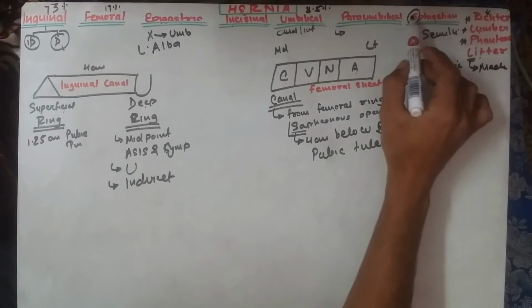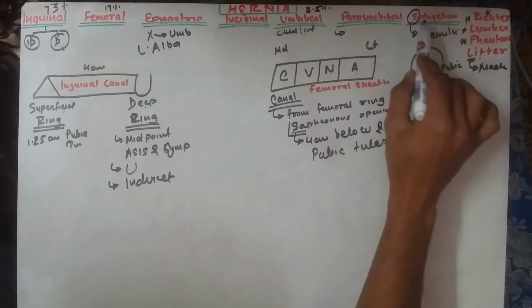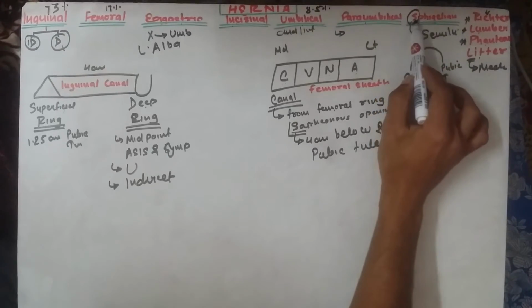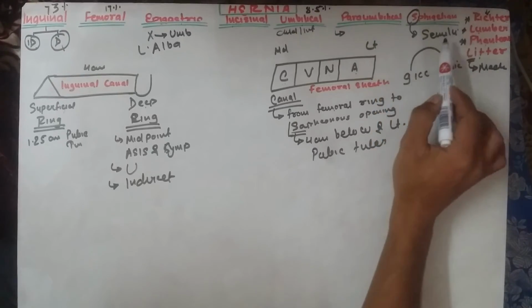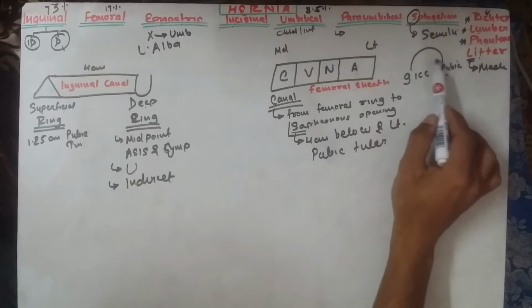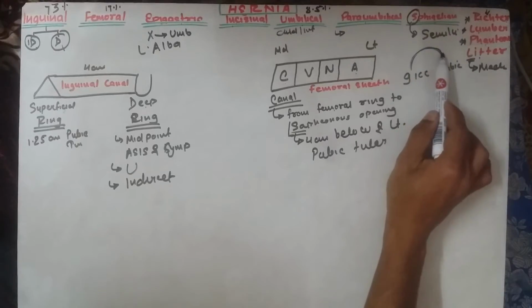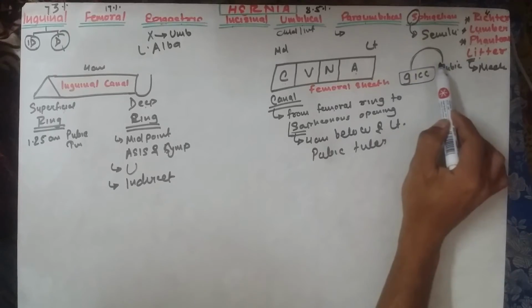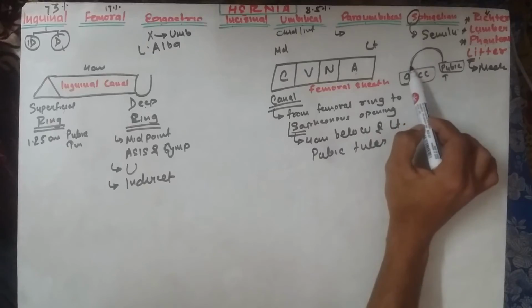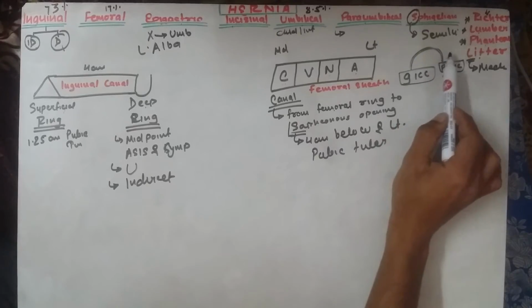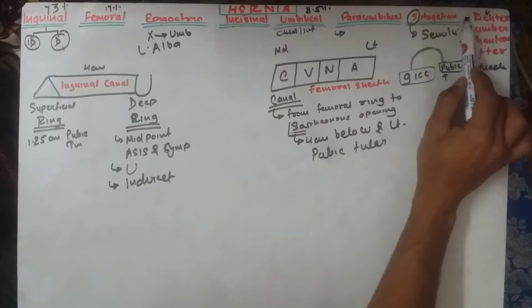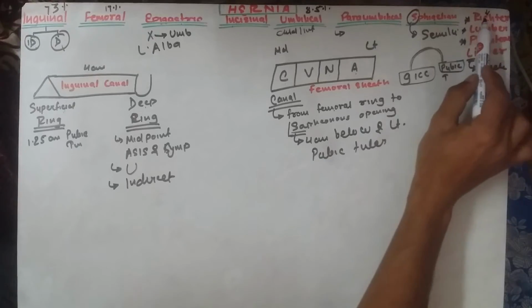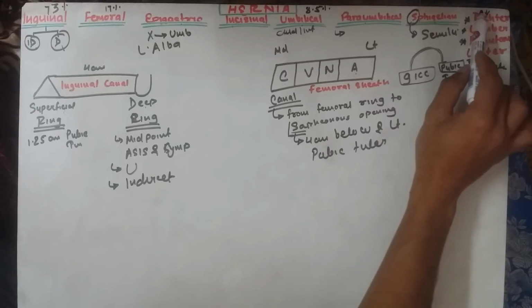So I think these were the new types of hernia. Spigelian, where a semilunar line is drawn starting from the ninth intercostal cartilage and ending at the pubic tubercle, and if the hernia is present along this line, it is called Spigelian. Then Richter, when herniation involves only a certain circumference of the bowel loop.